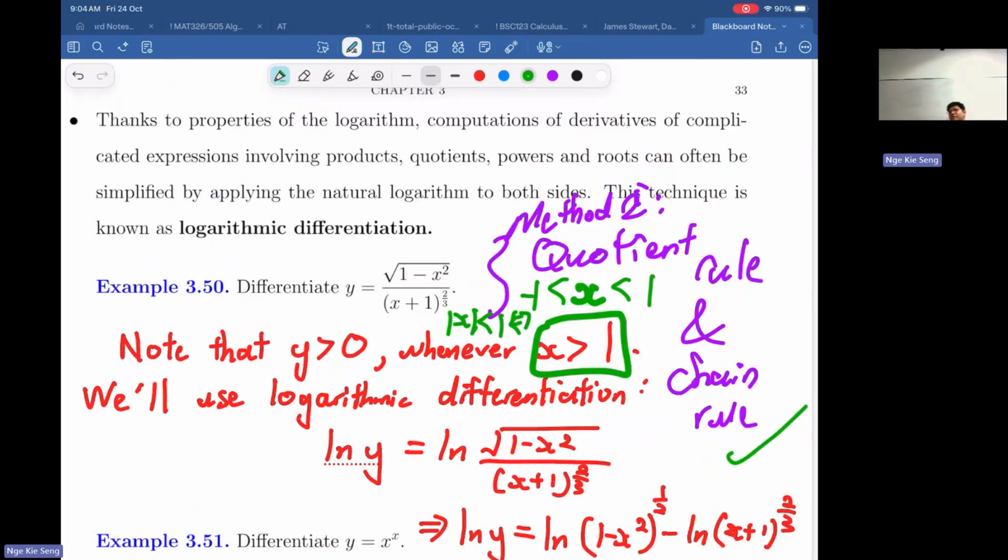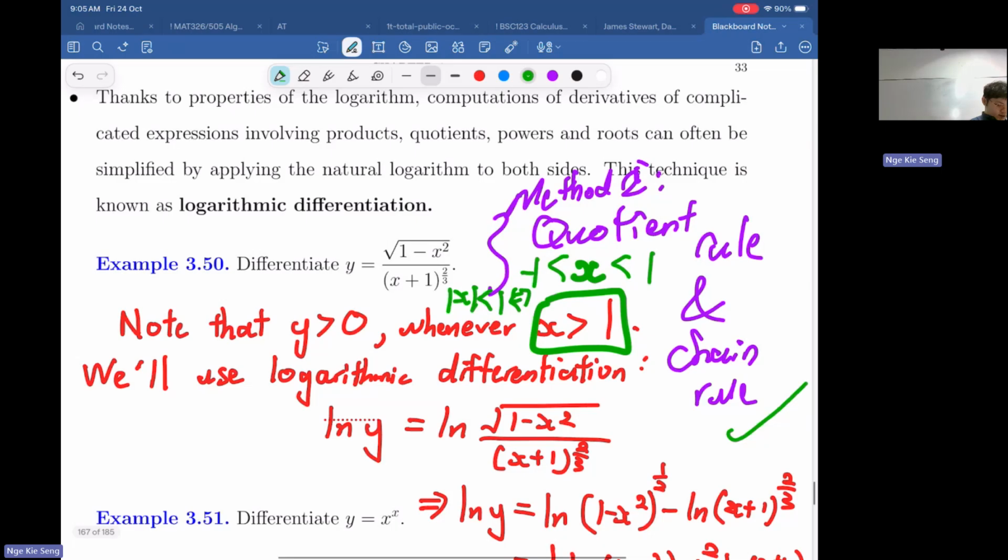Quotient rule or chain rule? Any brave enough to try this? And then check with the answer. Maybe you can try, see if you can keep track with all the calculation. If anyone tries, you can send me your answer. I can post it up with the lecture note.